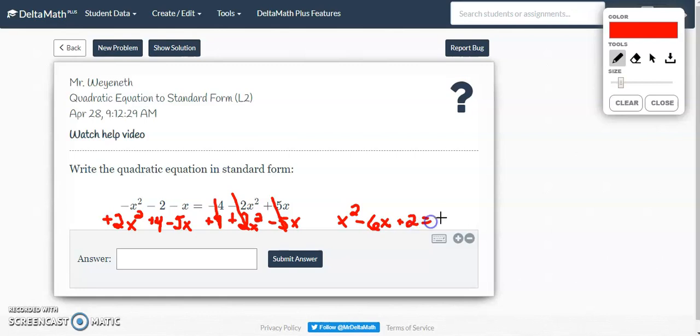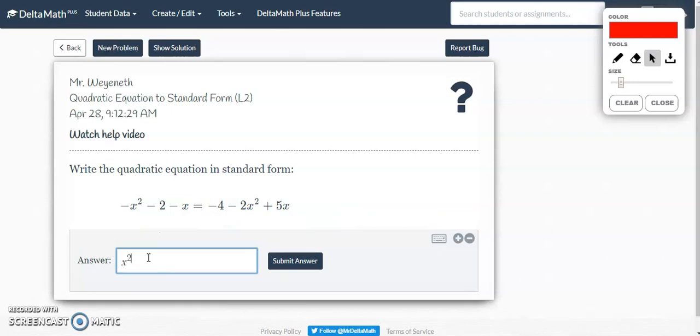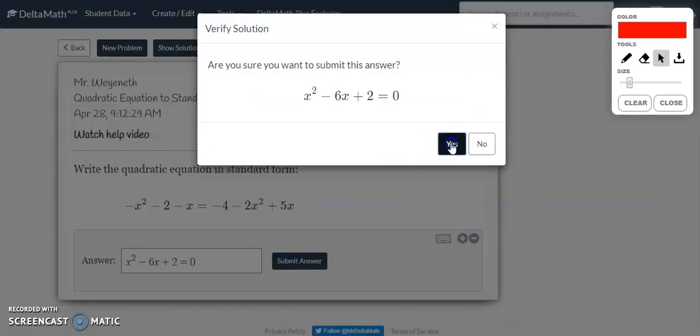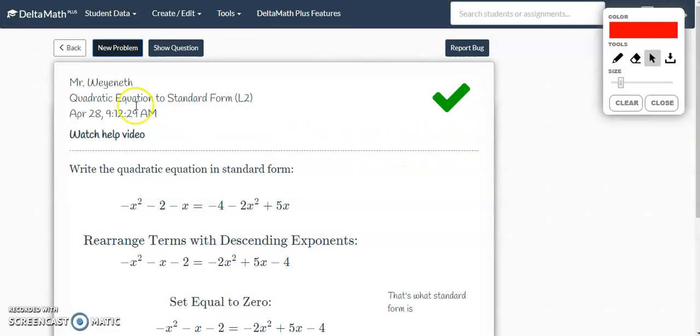And then all of that is going to be equal to 0. So when I get ready to come over here and type this in, I'm going with x squared minus 6x plus 2. So x squared minus 6x plus 2, and that's equal to 0. There we go.